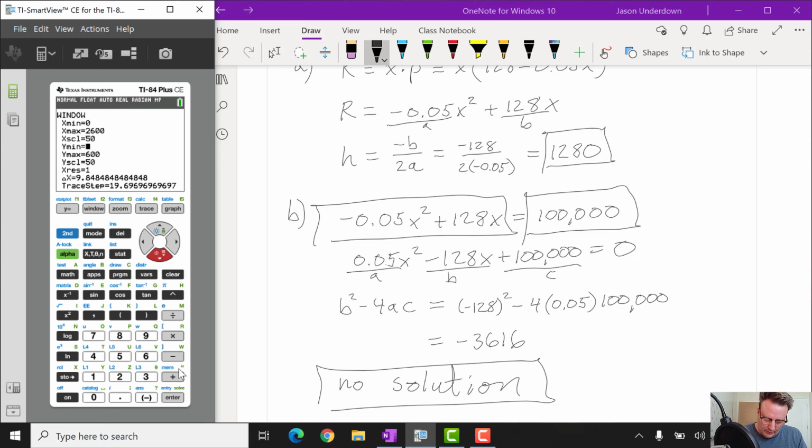And then y should go from 0 to maybe 110,000, in units of 10,000. Okay, let's graph that.